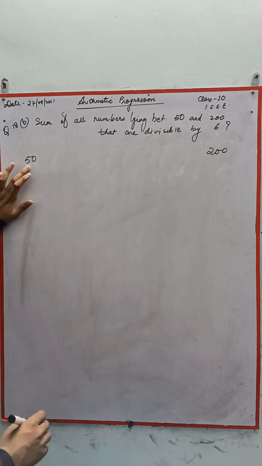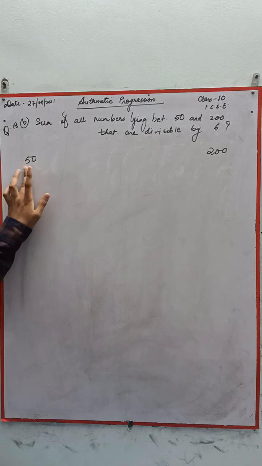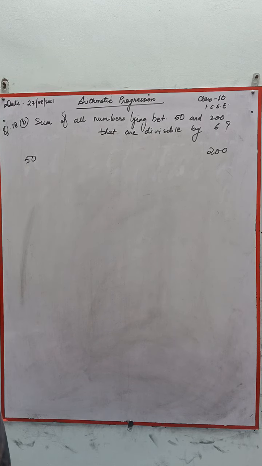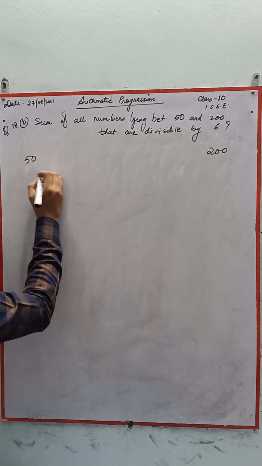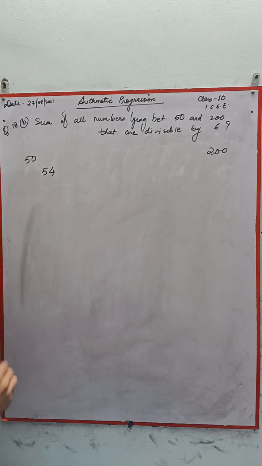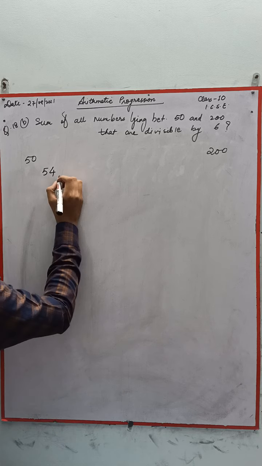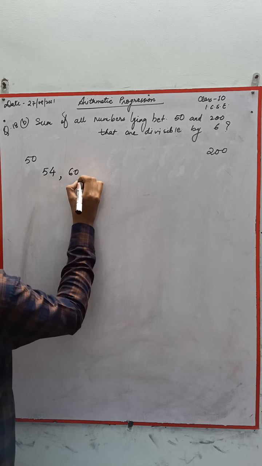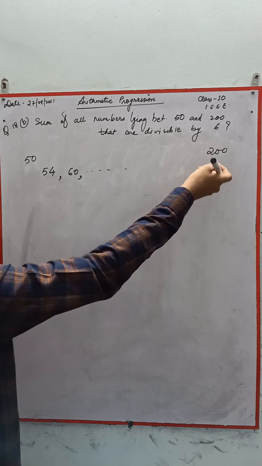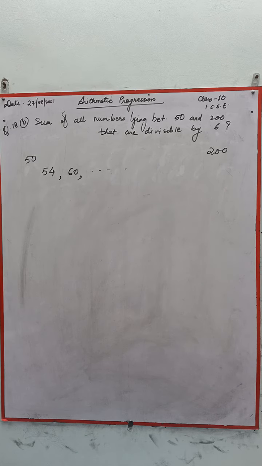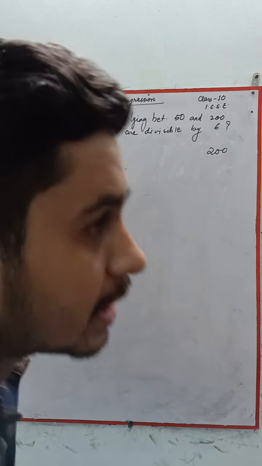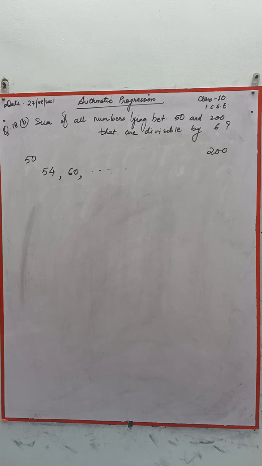So after 50, what is the number which is divisible by 6? We know 6 8s are 48, 6 9s are 54. So after 50 we have 54, then we have 60, and so on. And before 200 you have to think which number is divisible.